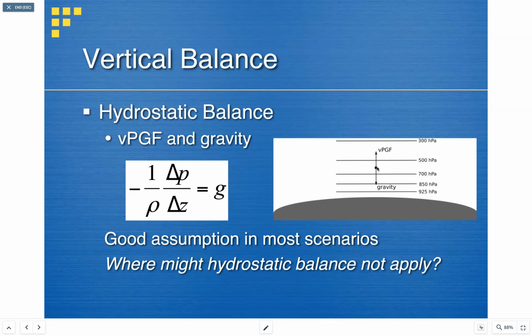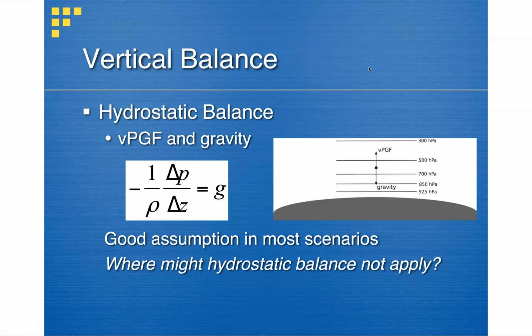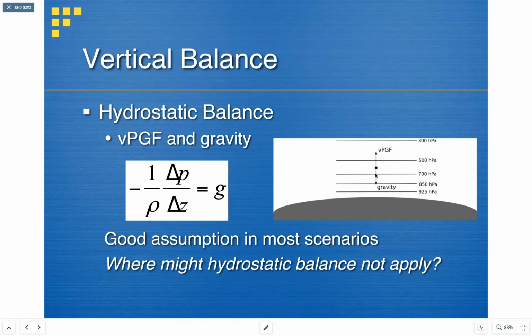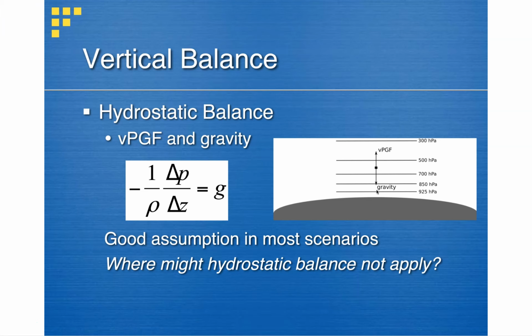That vertical pressure gradient force is going to be pointed outward. The flow is going to want to go from higher pressure to lower pressure and escape our atmosphere. But to a good approximation, gravity balances that vertical pressure gradient force, and we largely don't have large accelerations of wind in our atmosphere in most scenarios.